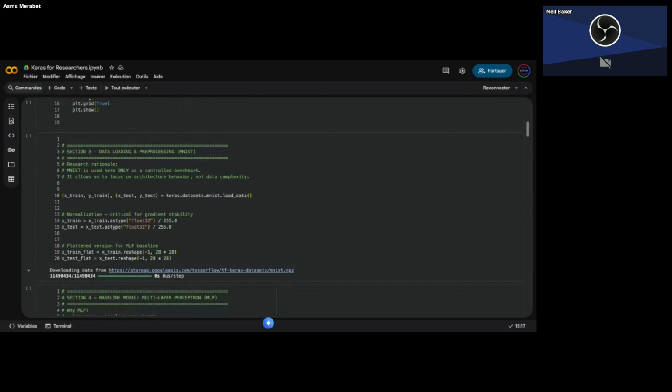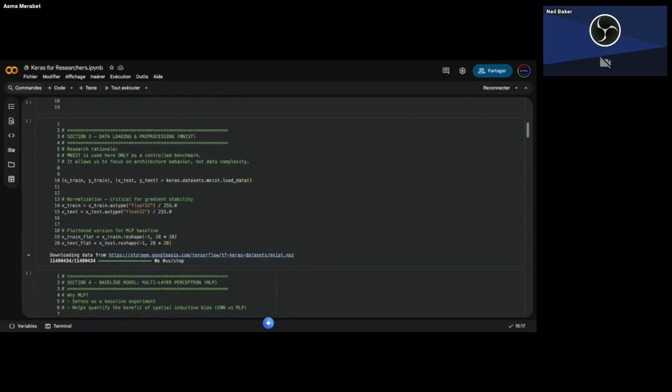Then this phase is for data loading and pre-processing. So here we use the MNIST as dataset because it already exists here in Keras datasets.